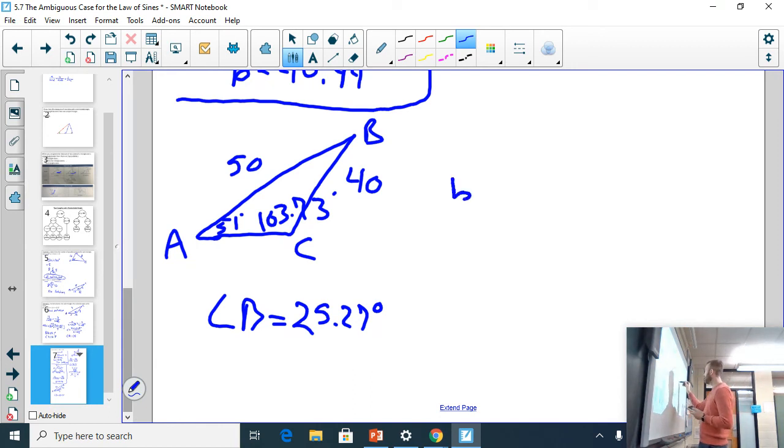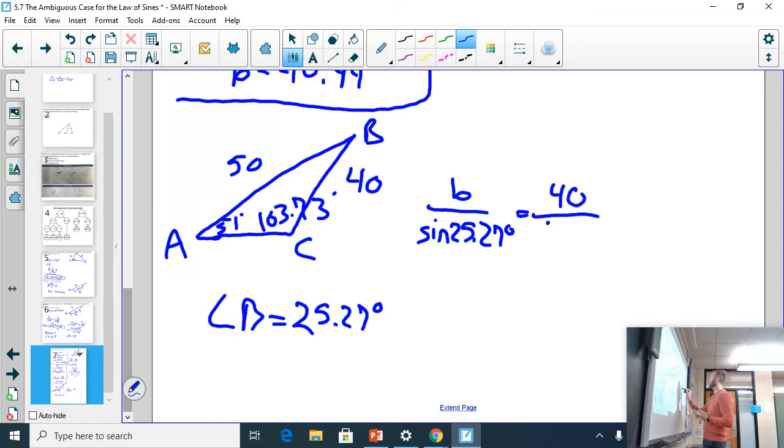And so b over the sine of 25.27 degrees equals, and then we can pick the 40 over the sine of 51 degrees.